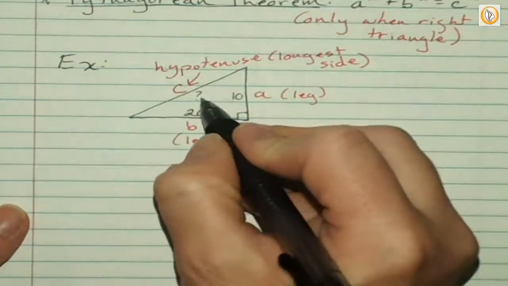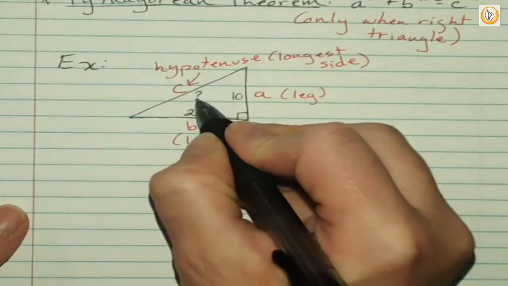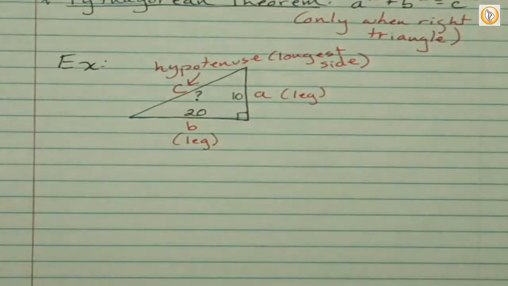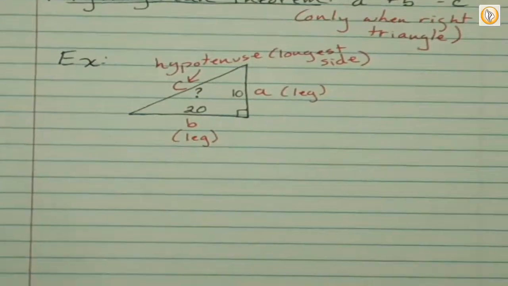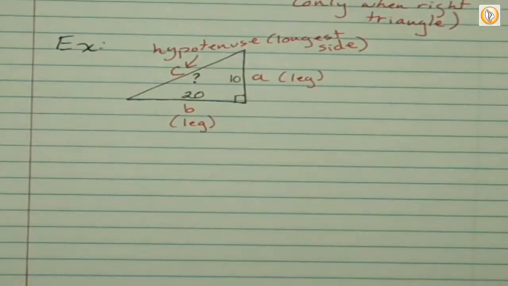That is a question mark. And again, this only works with right triangles. Does this have to do with any fractions? There could be, but I looked through your problems today and I didn't really see it.